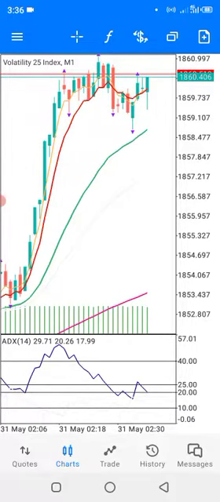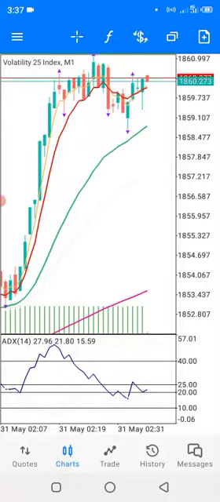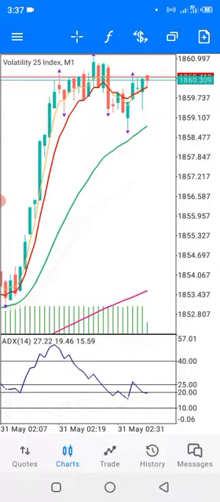even me as a trader, I suffered 1 or 2 hours on this. If I don't judge my trend before placing a trade, I've encountered this on several occasions. Sometimes excitement, like the trend is buying, let me just catch a few candles, and so it can happen to anybody.